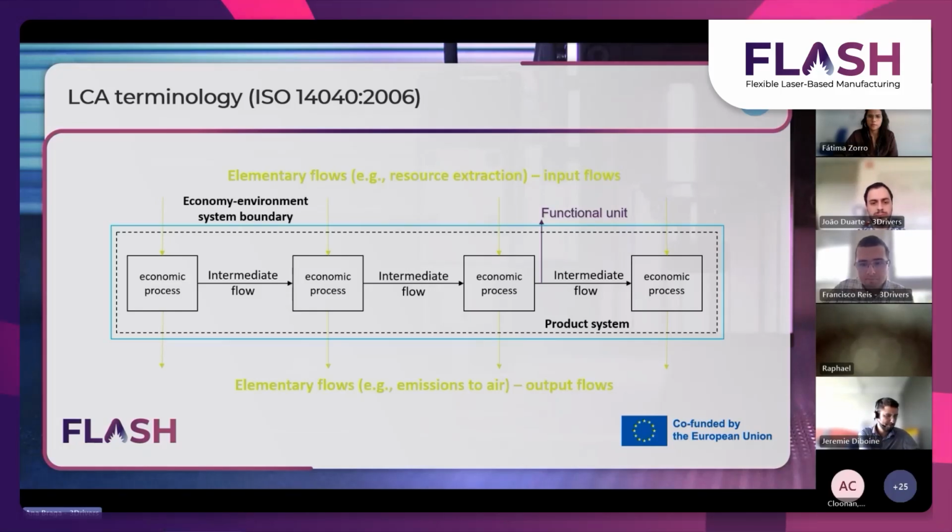And the outputs can be the byproducts, the wastes that are produced, and also the emissions. So we have the process, the product system, the boundary. It is important what is included or excluded from the boundary scope, and the functional unit.